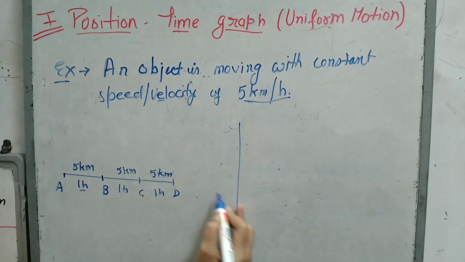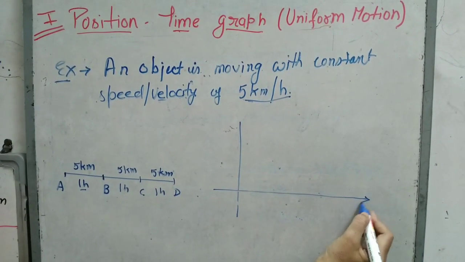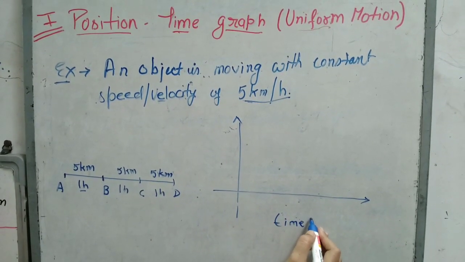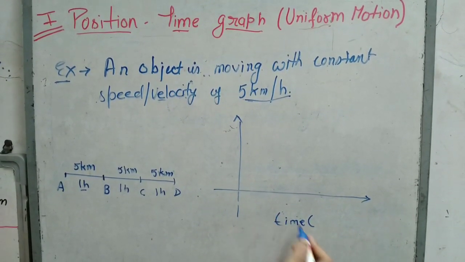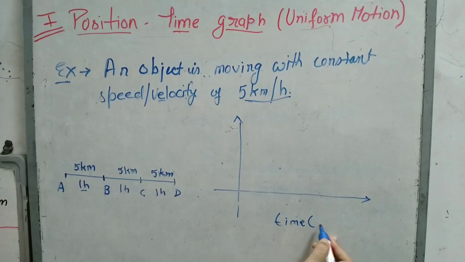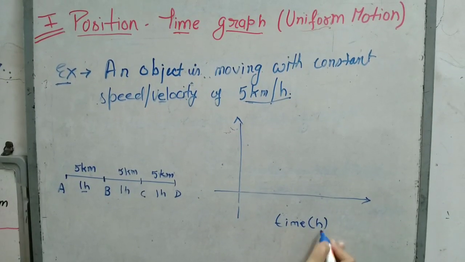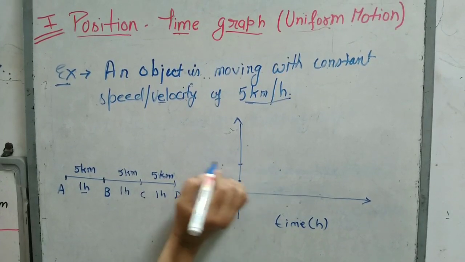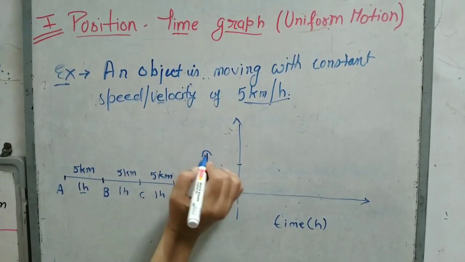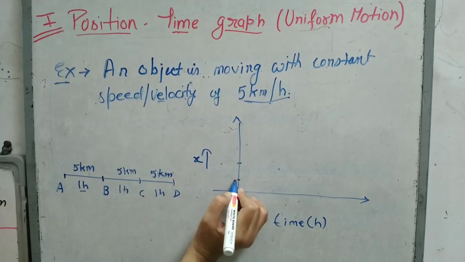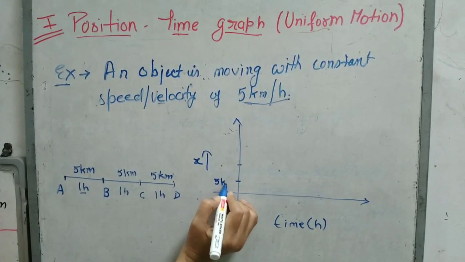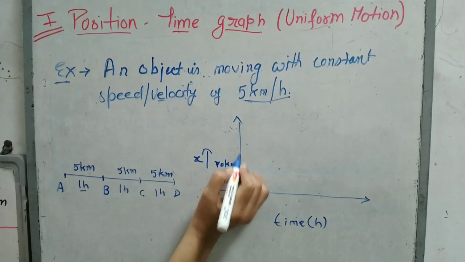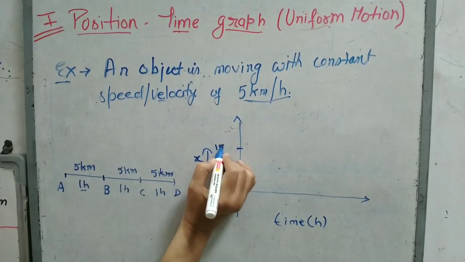Now if we want to represent this condition on the graph, on the horizontal axis we will write time. Time will be measured in hours. And on the vertical axis we will represent position. Position will be defined as x. So here the intervals are like 5 km, then 10 km, then 15 km, and so on.